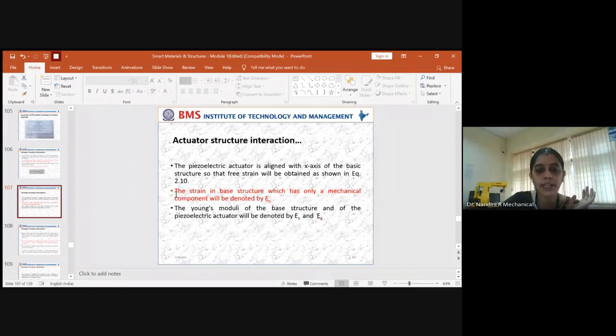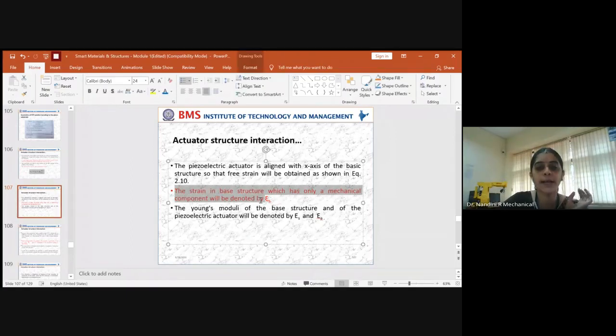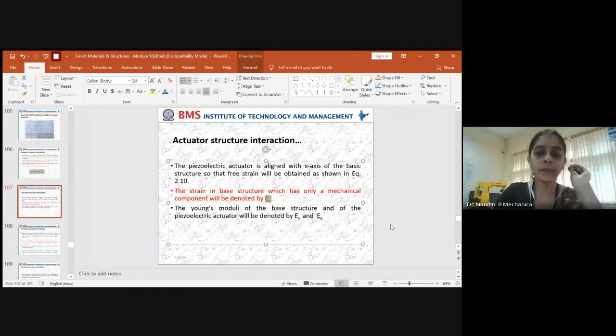The strain in the base structure, which has only a mechanical component, will be denoted by epsilon to the suffix s. This I told in the beginning only. The mechanical strain which has been induced in the structure will be represented by epsilon suffix s. Apart from that, due to this deformation, Young's modulus comes into the picture. Young's modulus always comes into the picture when you have stress and strain factors which keep varying.